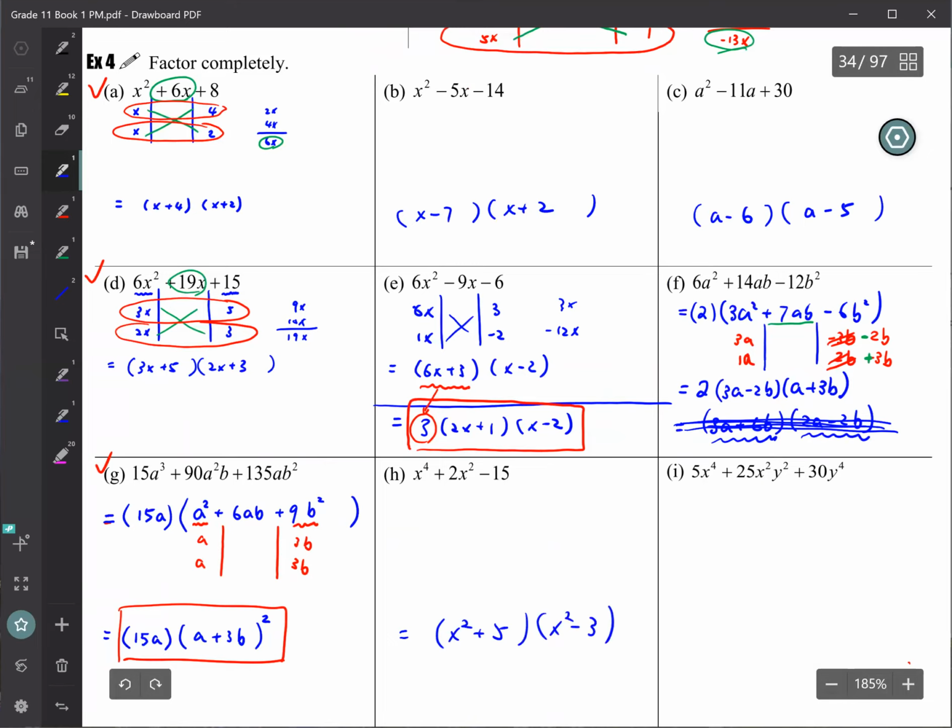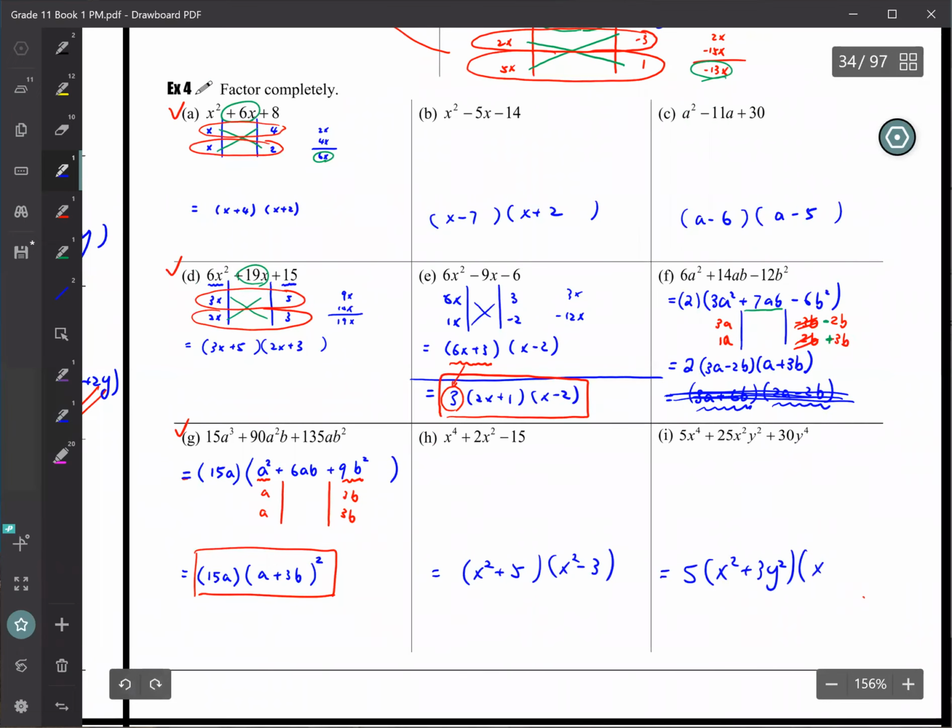Okay, yeah, so this time you have x squared for the first term, and no GCF for that one. Okay, question I. Jenny, question I. I got 5 bracket x squared plus 3y squared, bracket x squared plus 2y squared. Okay, yeah, so this one has a GCF at first as well.